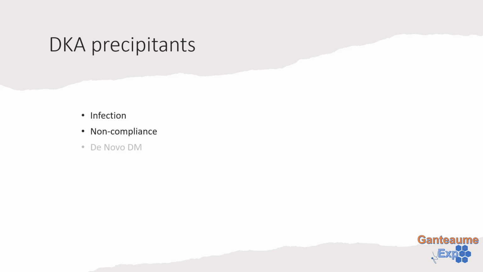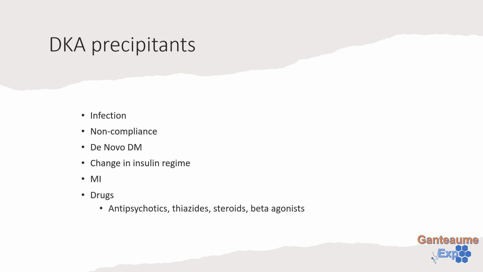As we mentioned before, when speaking of DKA precipitants, we spoke about the triggers. Triggers give us an idea of what type of condition could send a patient into DKA. On top of that list is infection, because it's the most common. Other common precipitants could include non-compliance as well as de novo diabetes, and we know that a percentage of type 1 diabetic patients first present with DKA.